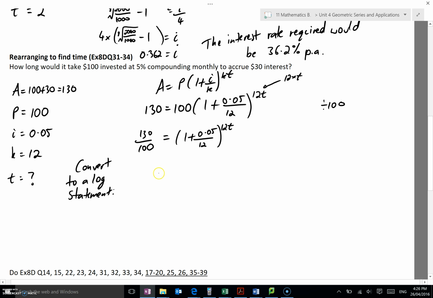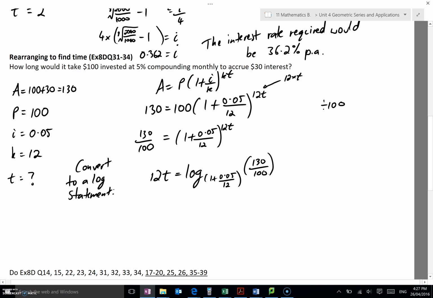Okay, the power I'm trying to find is 12t. The base of my logarithm will be the base of this expression here, so 1 plus 0.05 on 12. And the number I want to get to is 130 on 100.